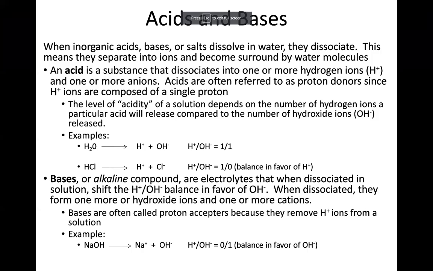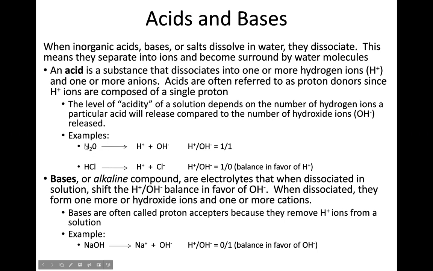So in our example here, sodium hydroxide dissociates to one sodium ion, one hydroxide ion. There are no hydrogen ions. There is a hydroxide, so it's a favor towards hydroxide. That means sodium hydroxide is a base.